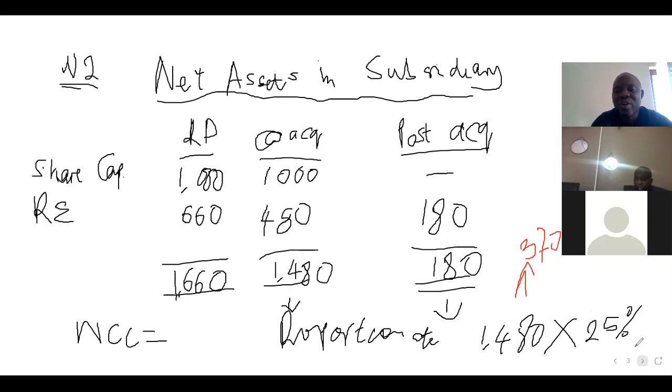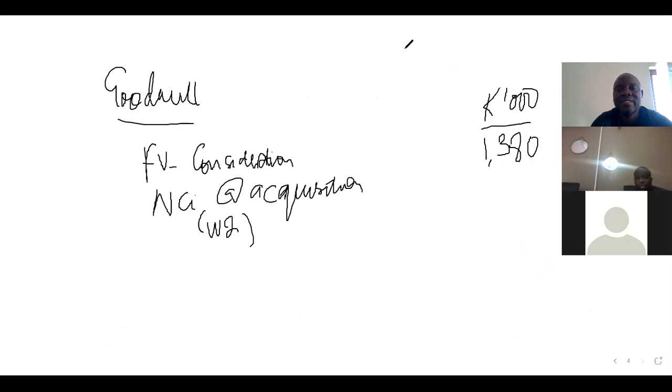But then you have it at fair value. So you ignore that and look at fair value, because this is what you have been given. How much is it? 450.